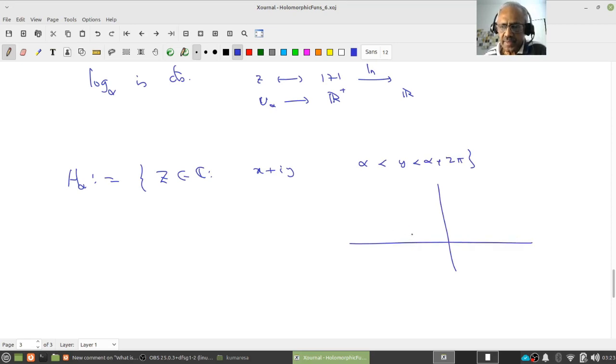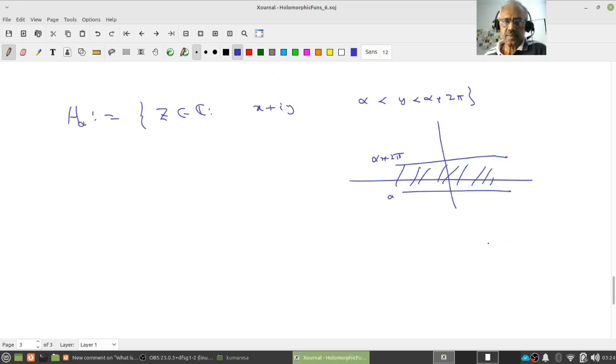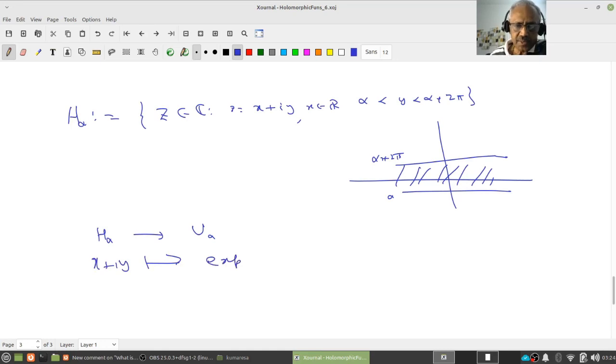So this may be my H alpha, a horizontal strip. Let us look at the map from H alpha to my U alpha, x plus iy going to exponential of x plus iy.